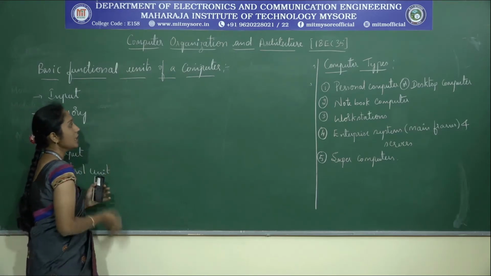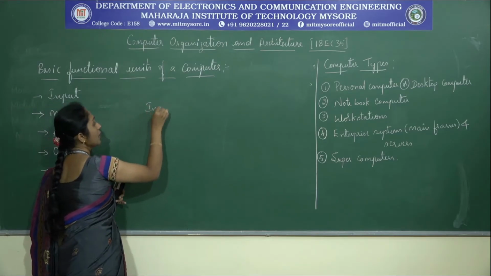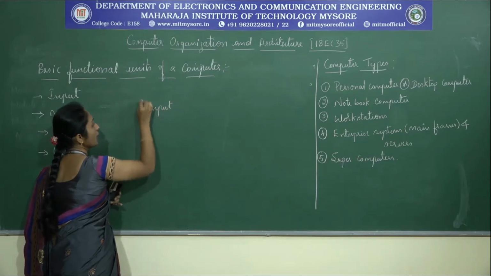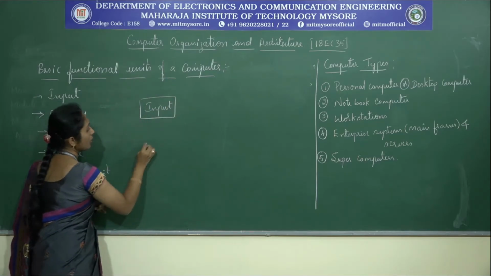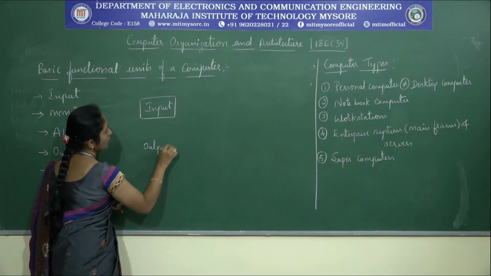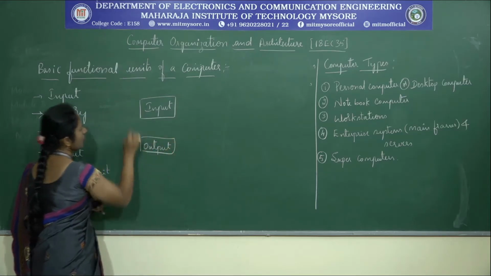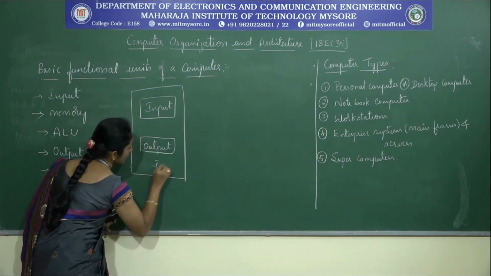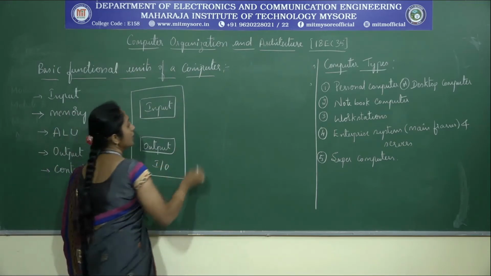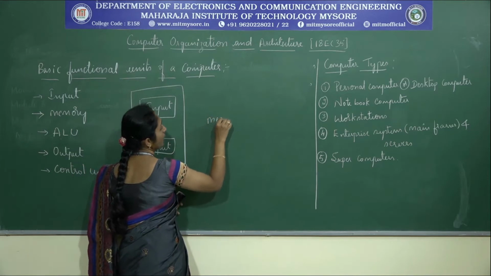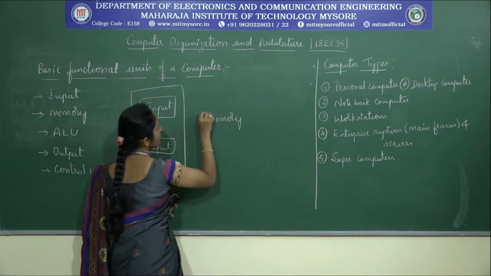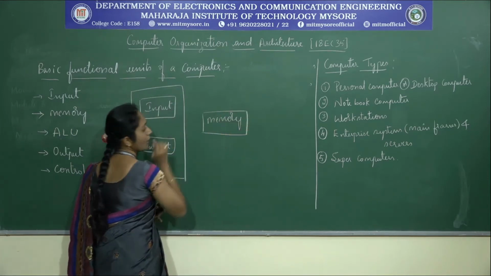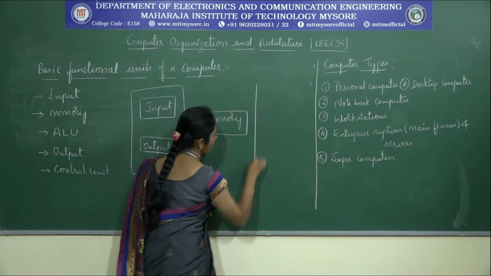Now let us see a simple diagram showing these blocks: input and output, these two together called the I/O unit, and we have memory. Next we have the processor.